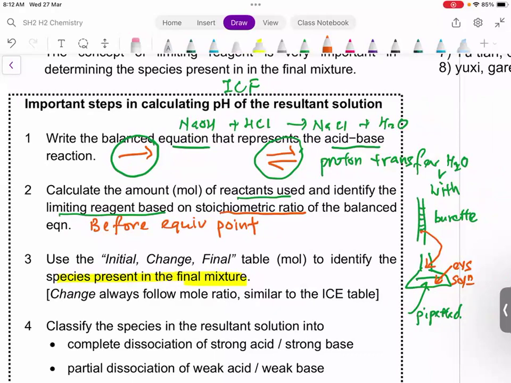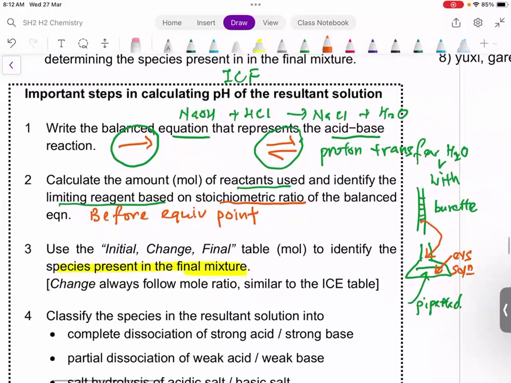If you have 0.01 mole of sodium hydroxide plus 0.01 mole of hydrochloric acid, they react in equal moles, completely neutralized, none in excess. So what kind of solution do you form? The salt solution.